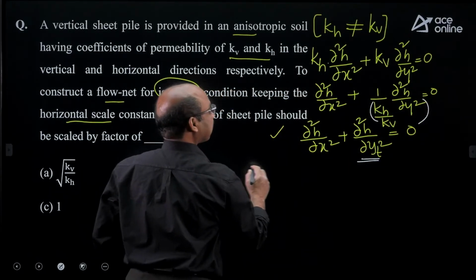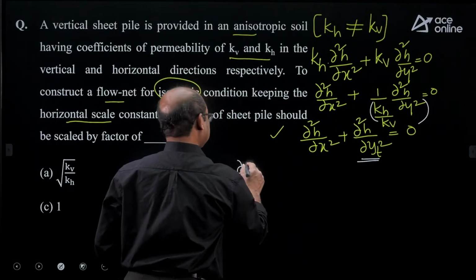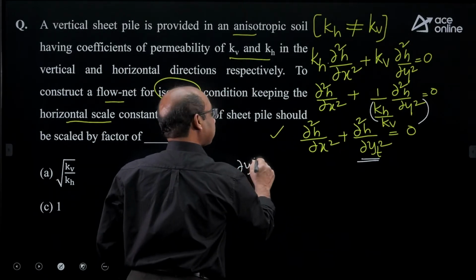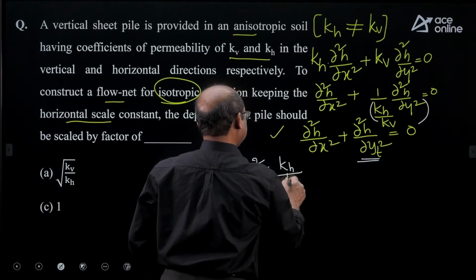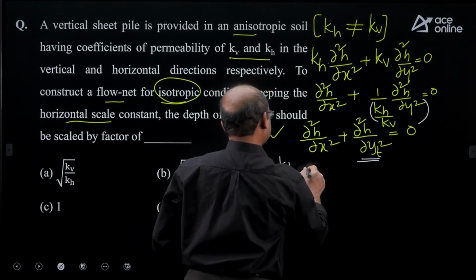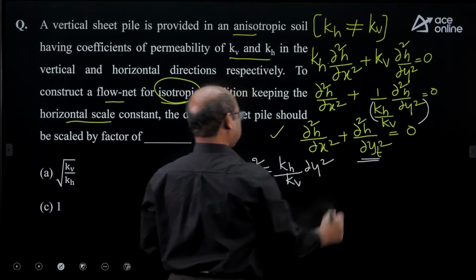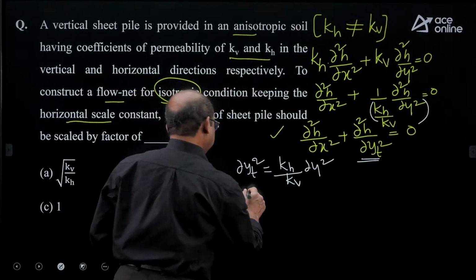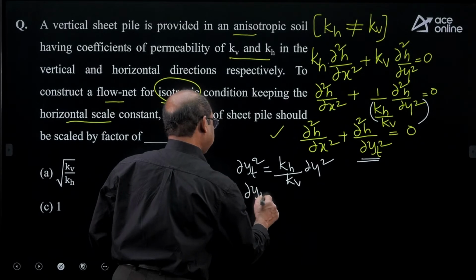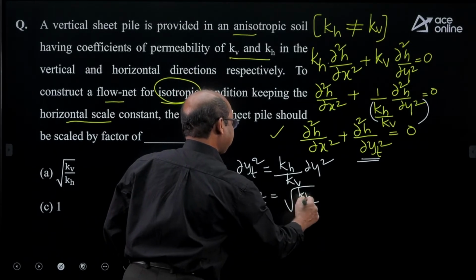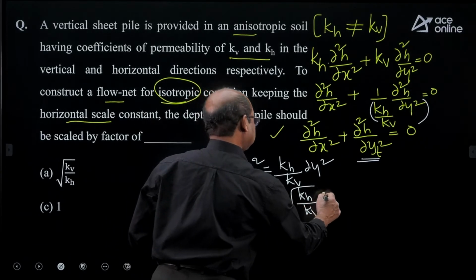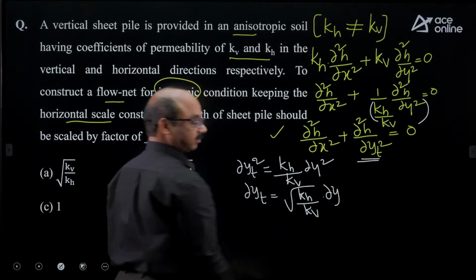So ∂yt² is equal to Kh upon Kv times ∂y². This you can further convert like this: the square root of Kh upon Kv times ∂y.